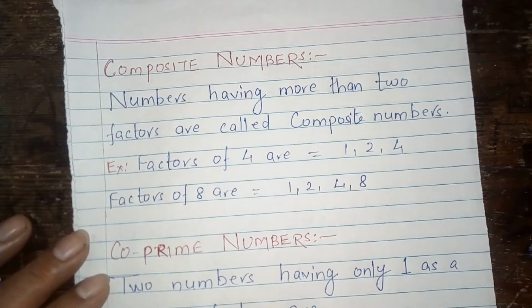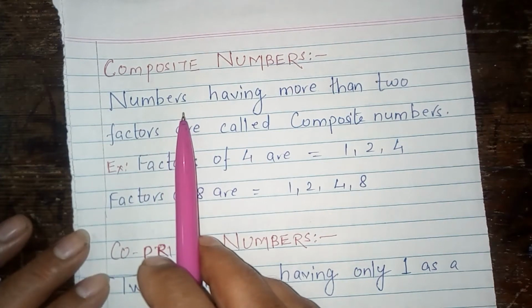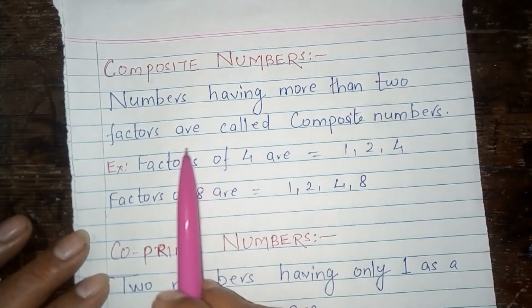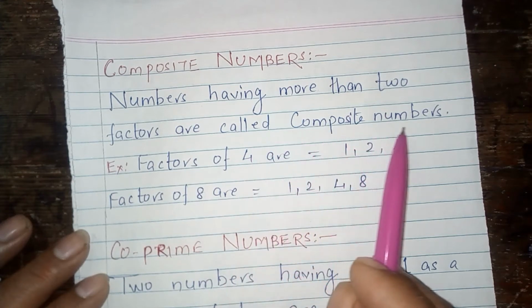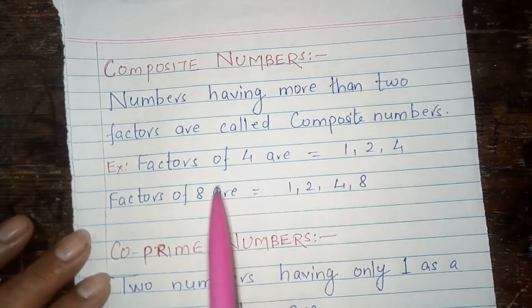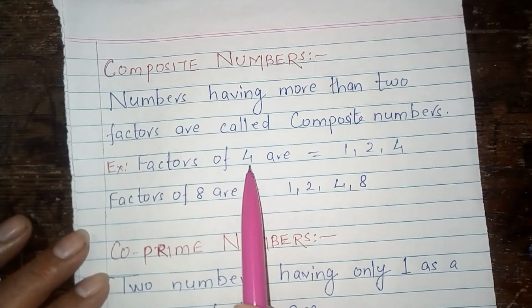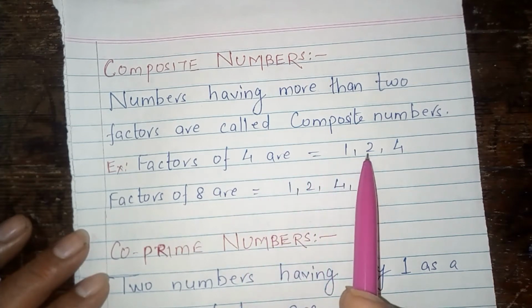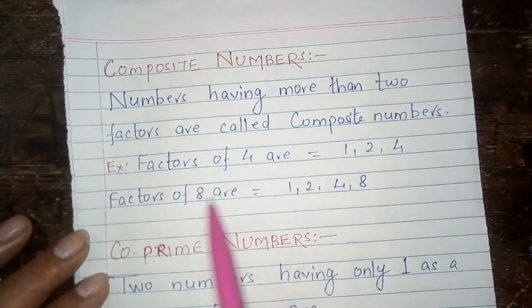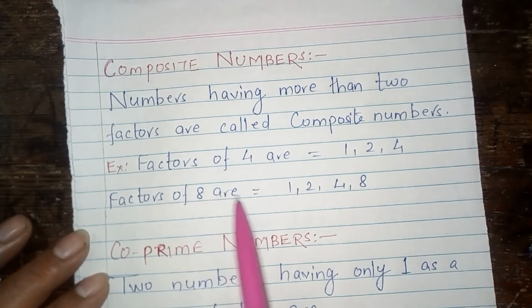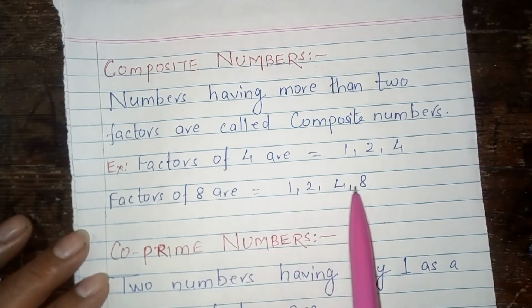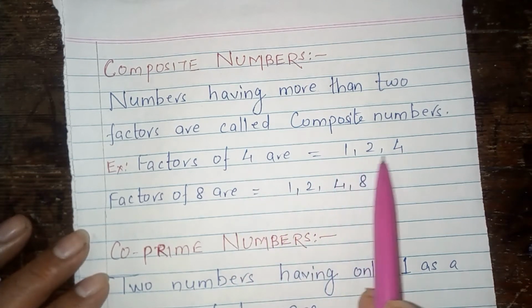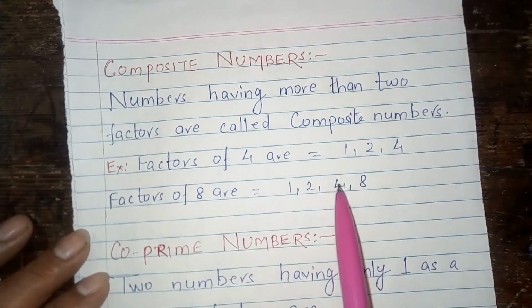And a composite number has more than two factors. Now look here. Numbers having more than two factors are called composite numbers. For example, factors of 4 are 1, 2, 4. Factors of 8 are 1, 2, 4, 8. The meaning is a composite number has more than two factors.